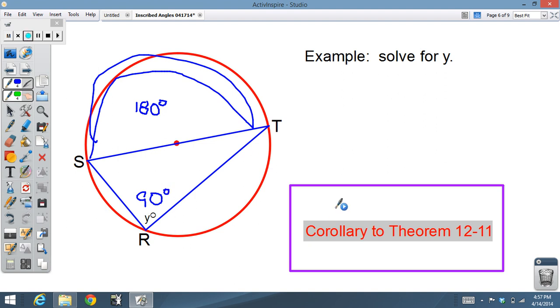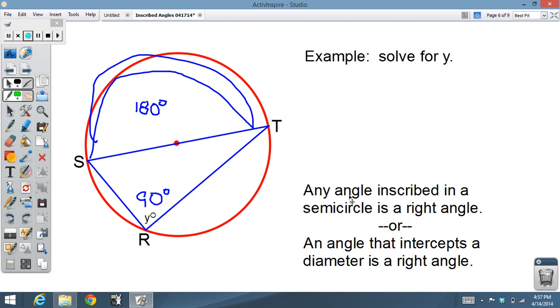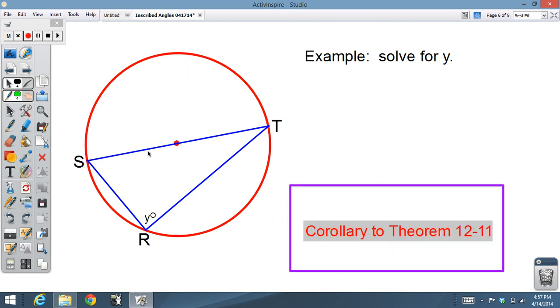So, corollary also to 12-11, any angle inscribed in a semicircle must be a right angle, or, put otherwise, an angle that intercepts a diameter has to be a right angle. Look good? Okay, so if we got a diameter, that angle has to be 90 degrees. Inscribed angle intercepting a 180-degree arc.